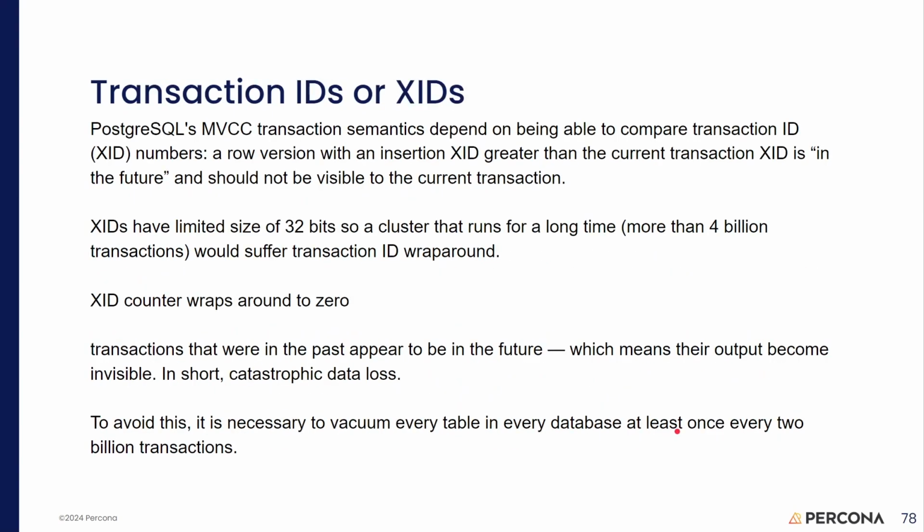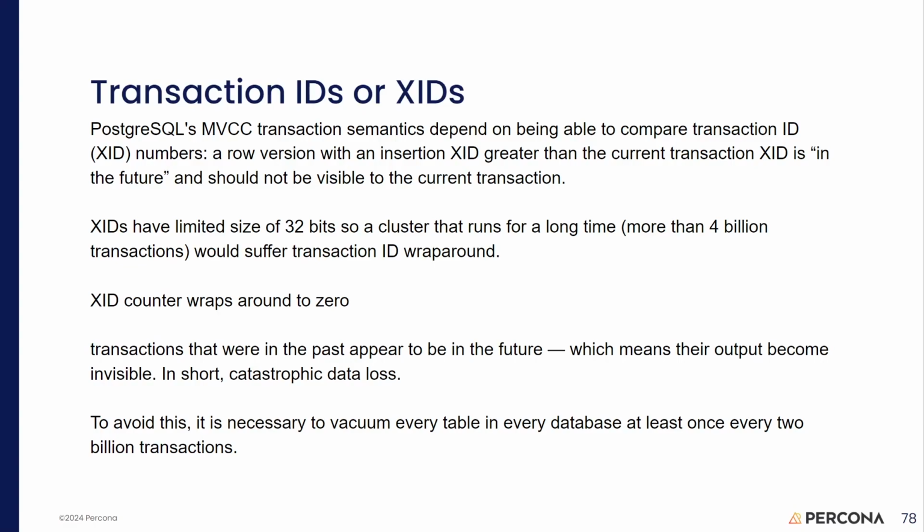Now, as I mentioned earlier, transaction IDs, also known as XIDs, will wrap around. The MVCC that Postgres uses checks the various transaction IDs, and once again, this is a 32-bit integer. So if you're doing lots of transactions, those numbers get used up fairly quickly. And that XID number will eventually wrap around to 0.